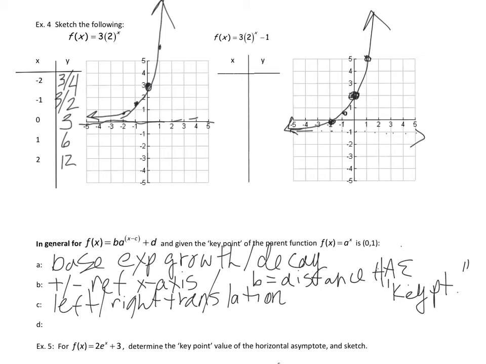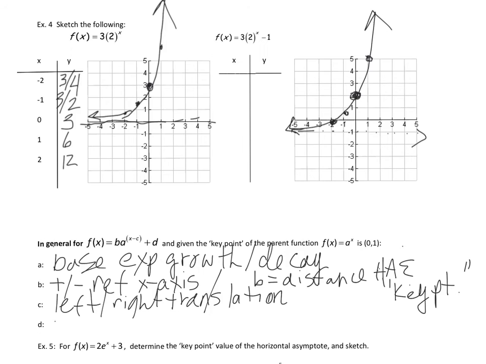The key point that we transform whenever we're given a function and we want to sketch it, rather than having to do an input-output table. And then D is where the horizontal asymptote is. So D equals the value of our horizontal asymptote. So horizontal asymptote will be y equals D.